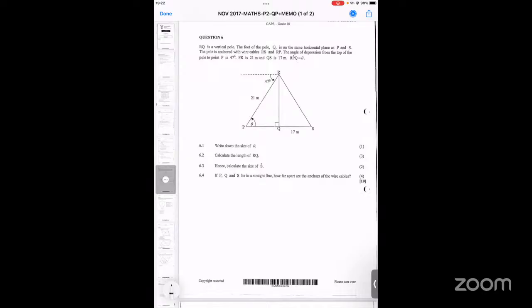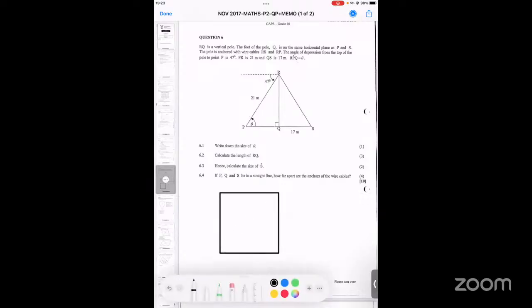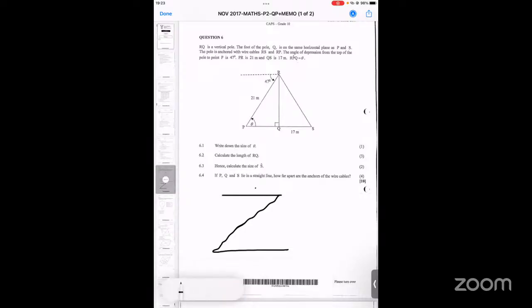Is it difficult, Nyaki? Yes, sir. Okay, I'm not sure if you remember this thing of the angles where they have a Z. What do they say about this angle, Nyaki? This angle.